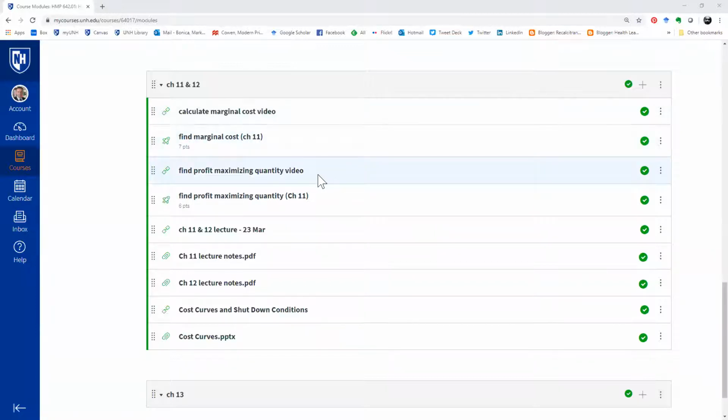Then there's a second video on how to find the profit maximizing quantity, as well as the maximum profit. That's worth looking at because there will be questions on that on the exam. Then there are some more practice questions on finding the profit maximizing quantity, as well as the maximum profit.